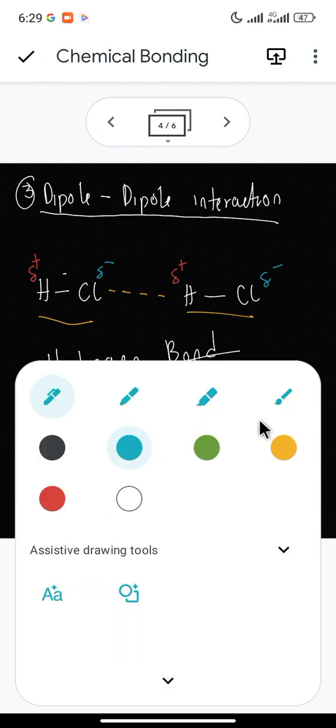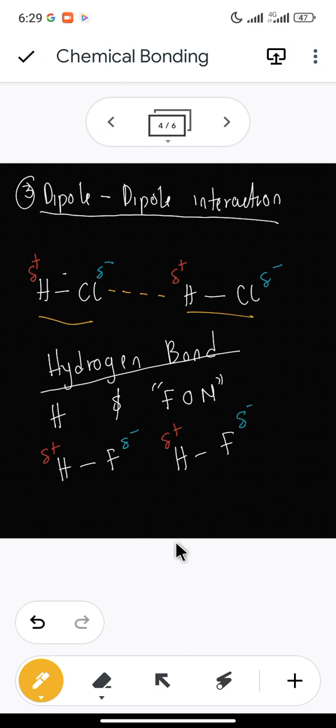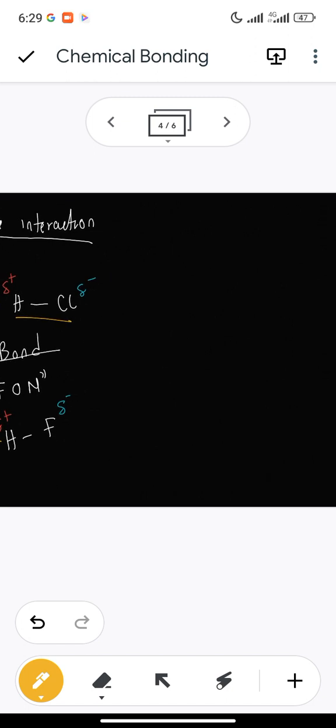So this is an example of a dipole-dipole interaction, but it is a hydrogen bond because it occurs between hydrogen and fluorine. This is the H bond. You have the bond between a molecule of hydrogen fluoride and another molecule, exactly between fluorine and hydrogen. So this is an example.